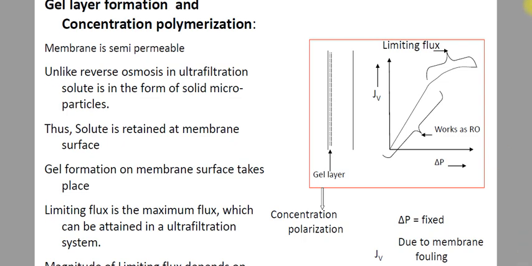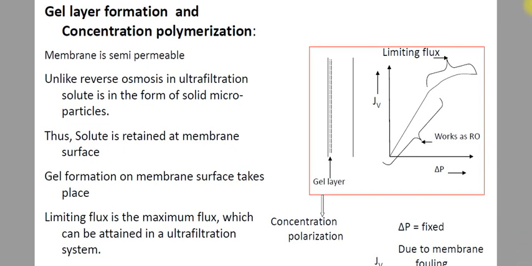Now there are some technical aspects of the ultrafiltration membrane. Generally, ultrafiltration membranes are semi-permeable membranes. They selectively pass the solvent, and they reject the microorganisms from the solution. Unlike this, reverse osmosis membranes are used to separate out salt, and the solubility of salt in solvents like water is very high.